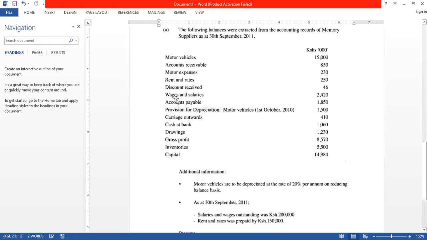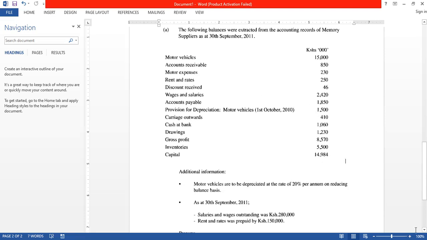To the salaries and wages that we are given here, we shall add that figure, and because they have not yet been paid, they are also going to be current liabilities. Then rent and rates was prepaid, meaning we paid in excess. So from rent and rates, we are going to deduct that.